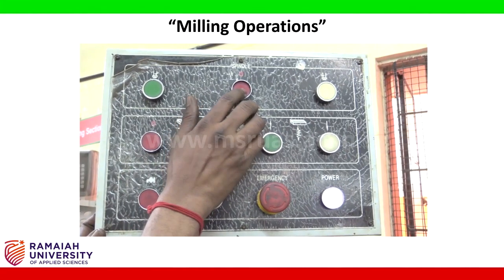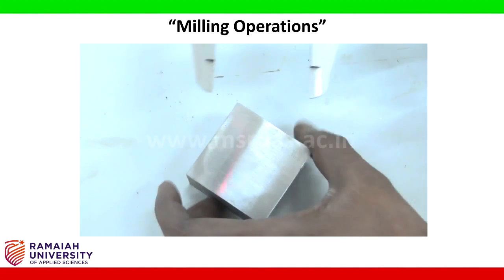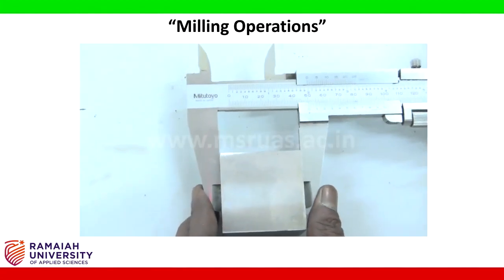Stop the spindle using the red button and check the dimension using a vernier caliper. Repeat the steps for further process.